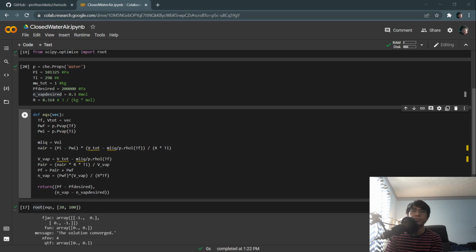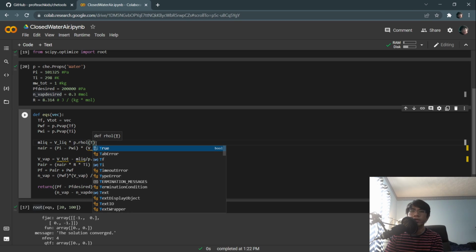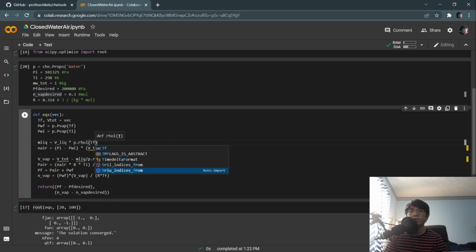Volume of the liquid times density, rho L. So V times rho L, over the liquid at the final temperature.